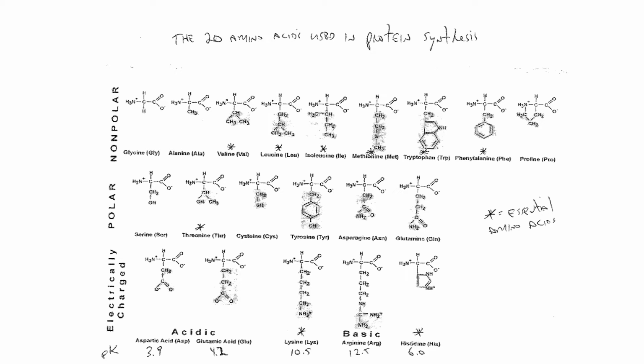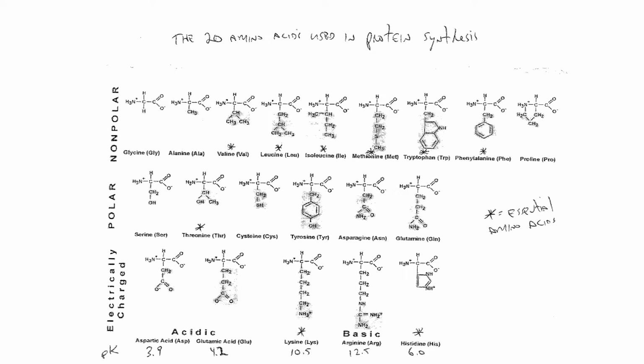Now we look at the electrically charged, and there are 2 acidic: aspartic acid, with the C double bond O minus, and then you have glutamic acid, which is CH2CH2, and the C double bond O minus. All acids give off their proton at neutral pH. So that's why they're acidic, they give off the protons.